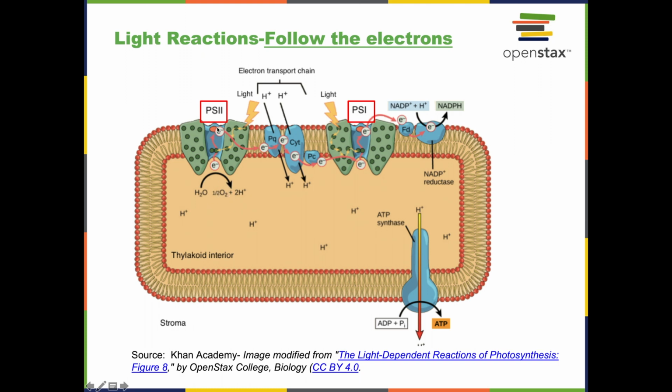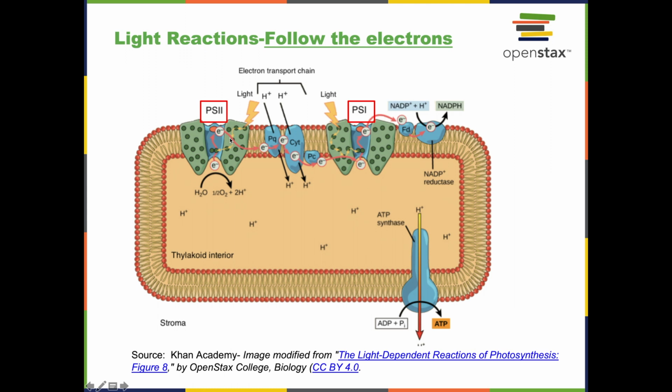Okay, so then in order to see what happens next, you've got to follow what happens to the electrons. So where is the electron going? The electron is going into an electron transport chain. Where have you seen that before? Yes, in cellular respiration. We've got an electron transport chain here as well.